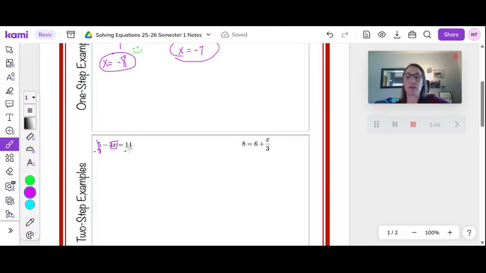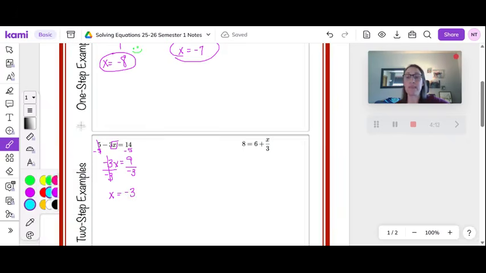So I subtract it from both sides of my equal sign. That gives me negative 3x equals, and then 14 minus 5 is 9. And then we divide both sides by negative 3 because it's negative 3 times x. Negative 3 divided by negative 3 is positive 1, which just leaves us with our x, and 9 divided by negative 3 is negative 3.